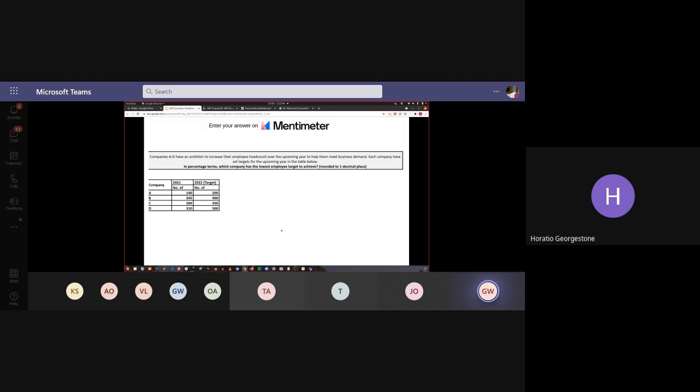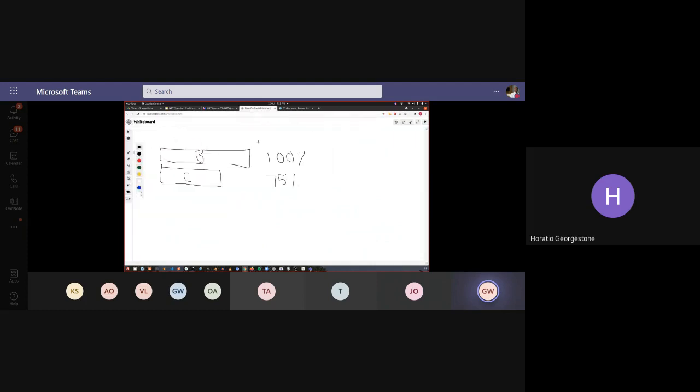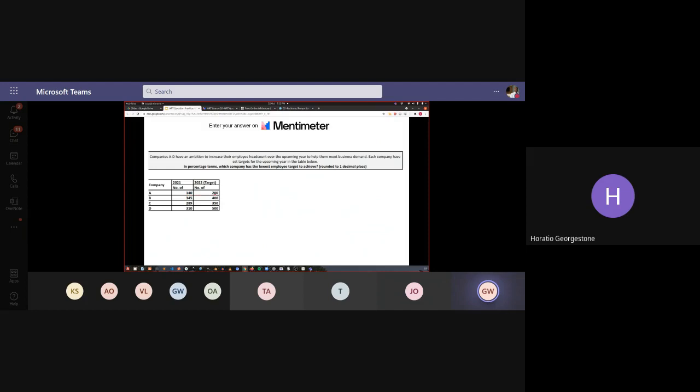Okay, so I suppose the most obvious way to do this is to say, okay, what's the increase that each one is aiming for? So we've got these 4 companies, A, B, C, and D. A is aiming for an increase of 60. 200 minus 140 is 60.